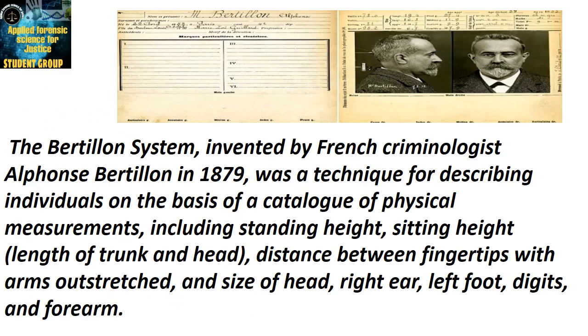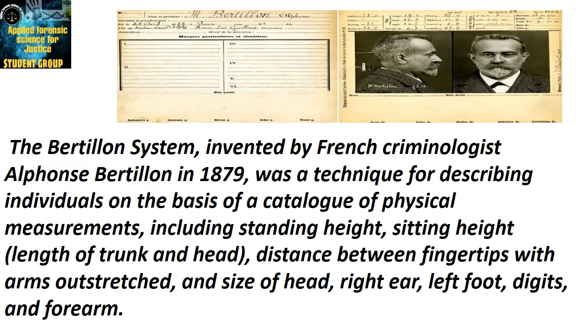The Bertillon system was invented by French criminalist Alphonse Bertillon in 1879. It was a technique for describing individuals on the basis of a catalog of physical measurements, including standing height, sitting height, distance between fingertips with arms outstretched, and size of the head, right ear, left foot, digits, and forehead.